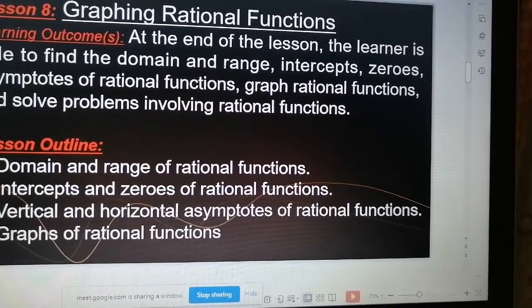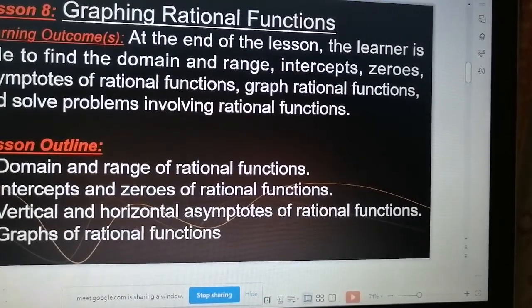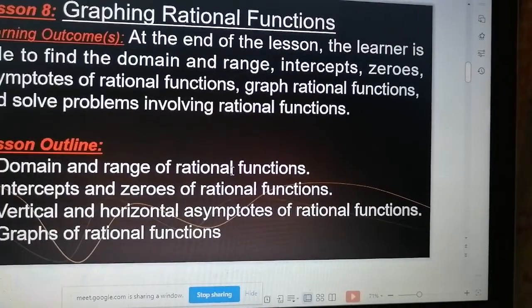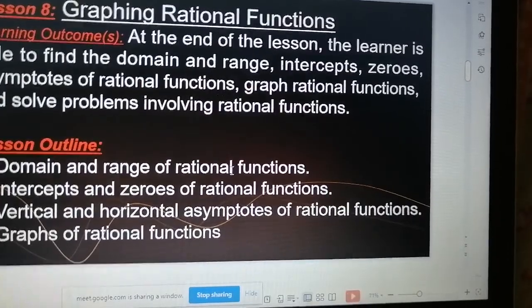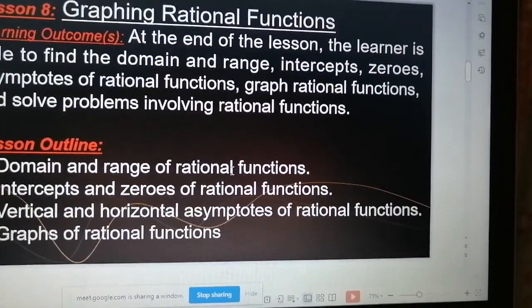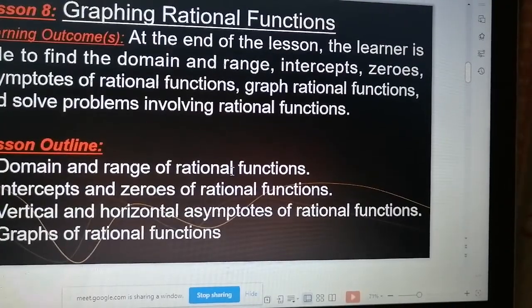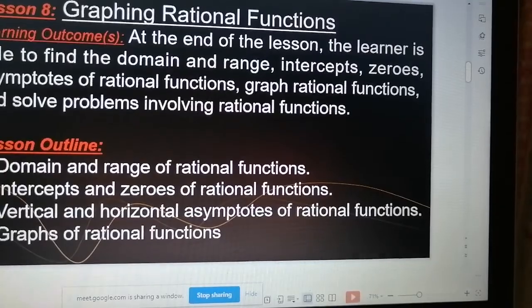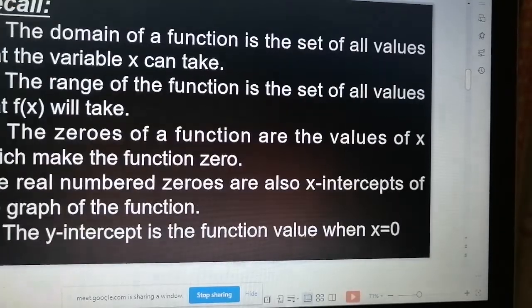Lesson outline: domain and range of rational functions, intercepts and zeros of rational functions, vertical and horizontal asymptotes of rational functions, graphs of rational functions.